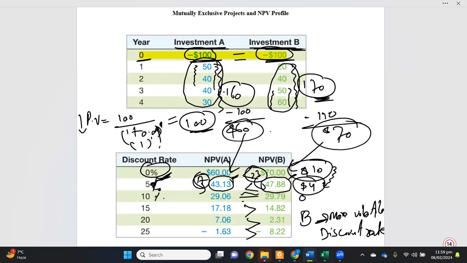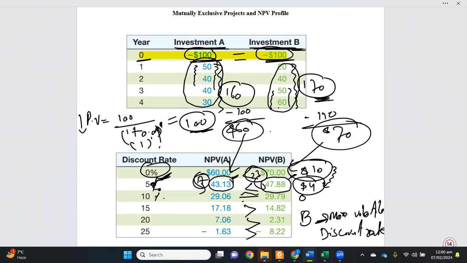In investment A, major cash flows are at initial years and then gradually cash flows are declining, while in project B, smaller cash flows are at early years and gradually cash flows are increasing. So this is the main difference.